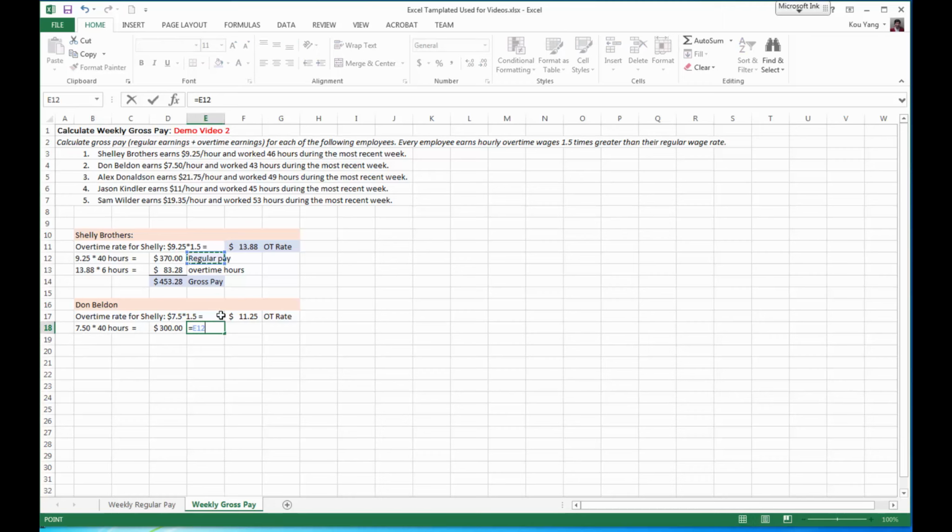For the regular pay, and for the overtime pay, I'm going to take his overtime rate times 3 hours because he worked 43 hours. Anything over 40 hours will be considered overtime.